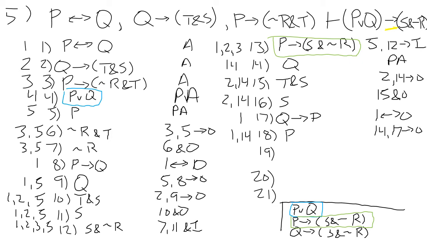Then we can toss that into the conditional statement in 3 to get tilde R and T from 3 and 18 arrow out. So that's going to be 1, 3, 14. Then we can get our tilde R from 19 ampersand out.